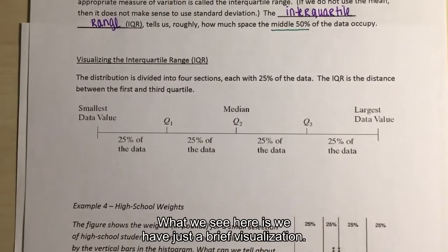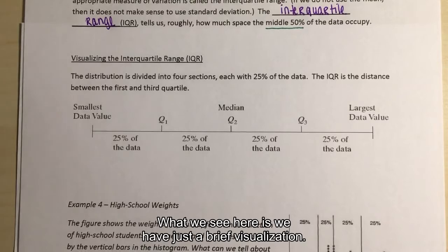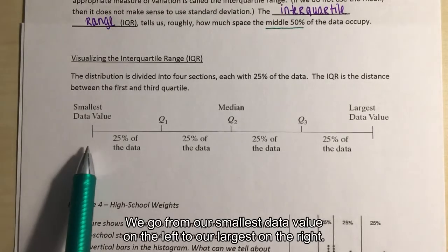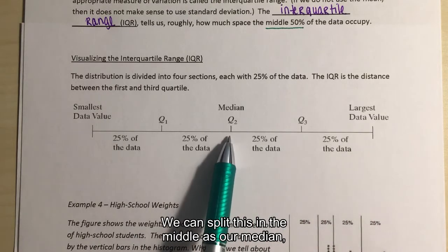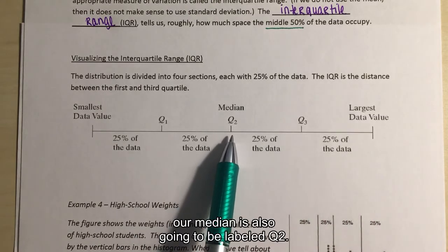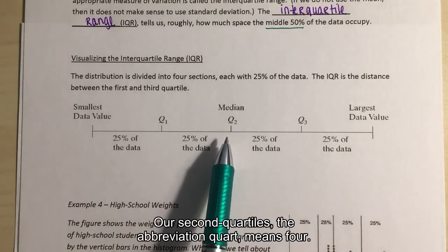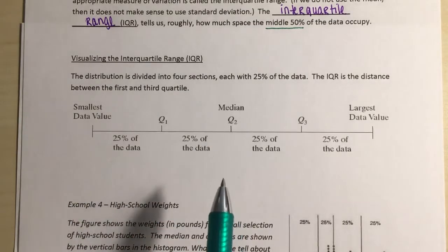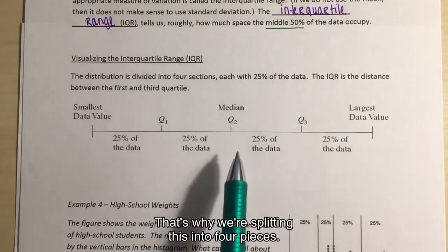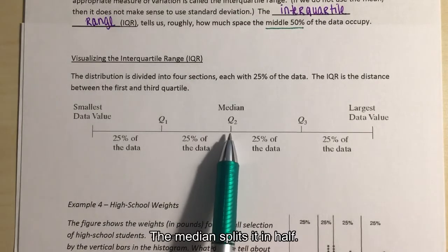What we see here is a brief visualization. We go from our smallest data value on the left to our largest on the right. We can split this. In the middle is our median, which is also labeled Q2, our second quartile. The abbreviation quart means 4, so that's why we're splitting this into 4 pieces. The median splits it in half.